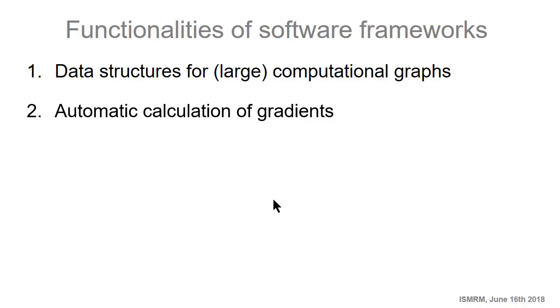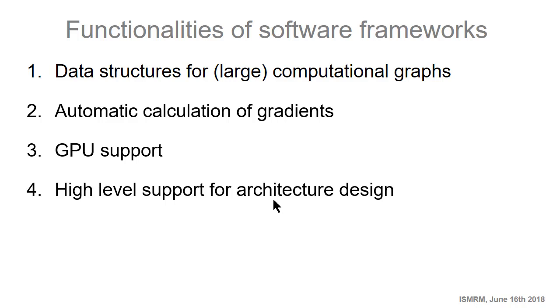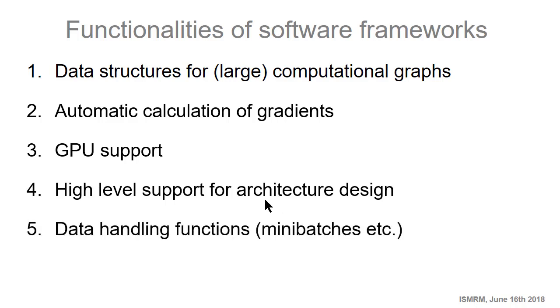You want some automatic calculation of gradients, GPU support, some high-level support to put your architectures together, maybe some data handling functions so that you don't have to deal with mini-batches and stochastic methods all by yourself, and maybe some optimizers so that you don't have to write all your optimization algorithms by yourself would be nice as well.